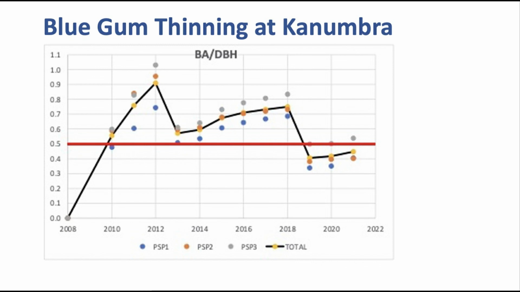Over the ensuing years, the basal area DBH ratio slowly increased to about 0.75, and then when the commercial thinning took place, that came down to a little bit under 0.5. So you can see that the thinning that's already taken place in the blue gums at Penumbra basically has been using this ratio of 0.5 as a guideline for thinning.